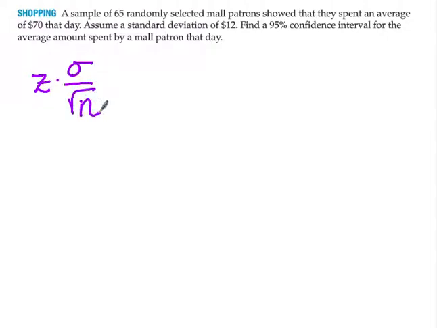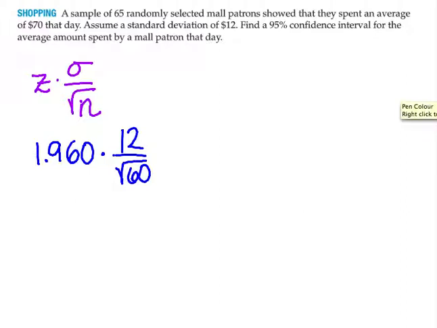So what's my z-value going to be? 1.960 times what? 12 over root 65. Very good. What does it come out to be? Sorry, root 65. So what did you get?